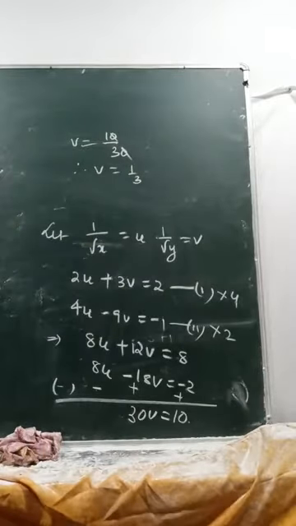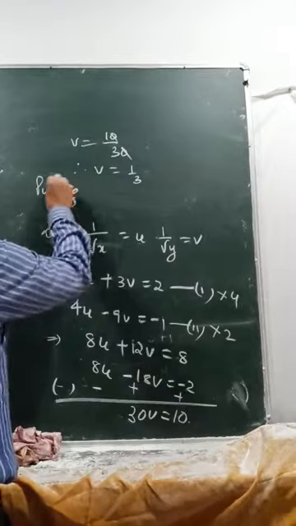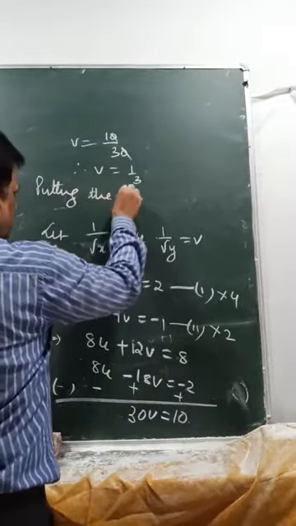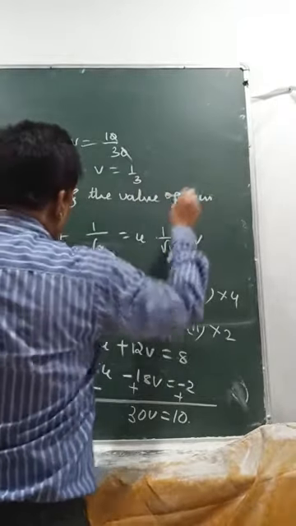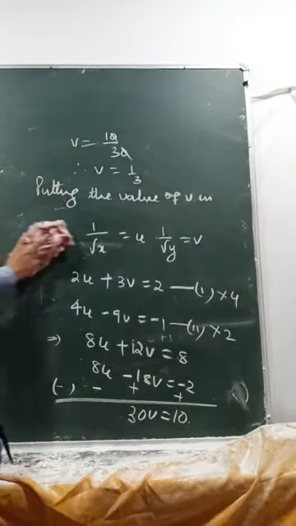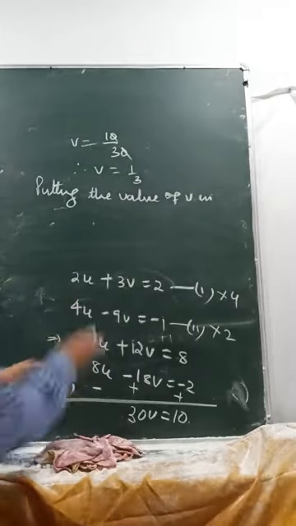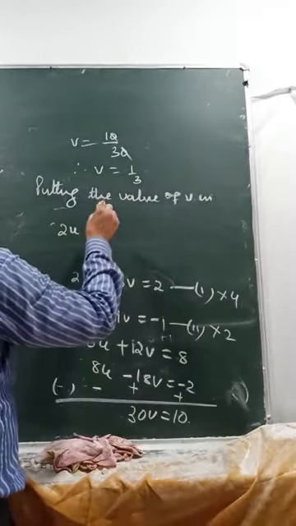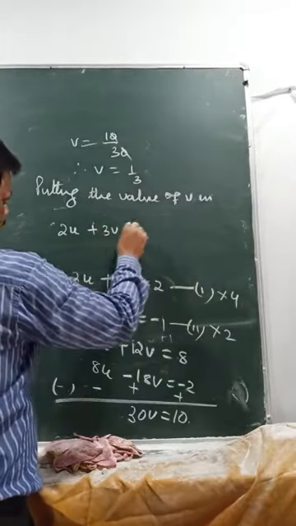Okay. Now putting the value of v in one of the equations. Suppose I take the first one. Which one is the first one? This one: 2u plus 3v equals 2.